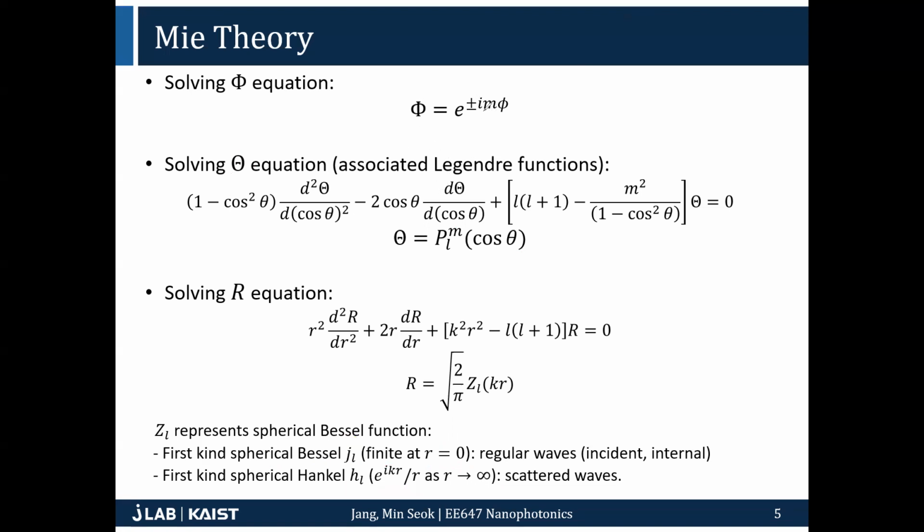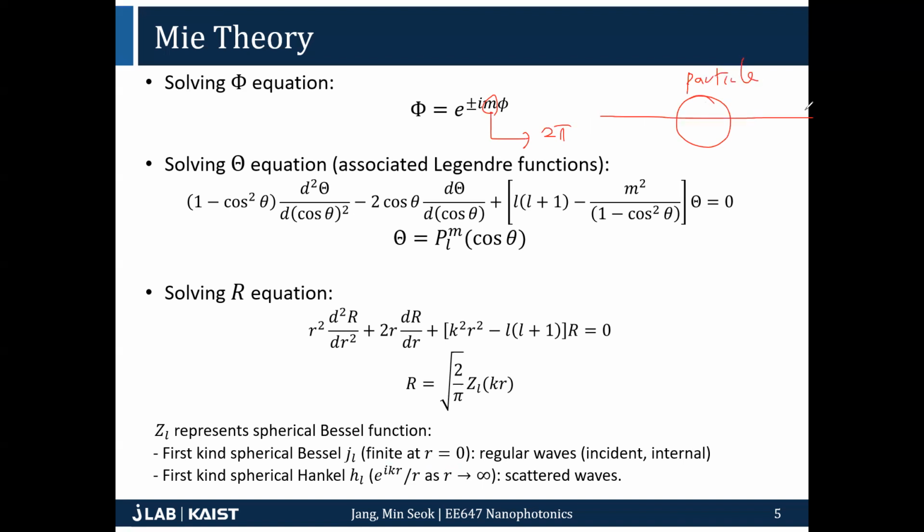And another constraint that we have is that m must be an integer, right? Why is this the case? Because if you think about the system, this is your particle.